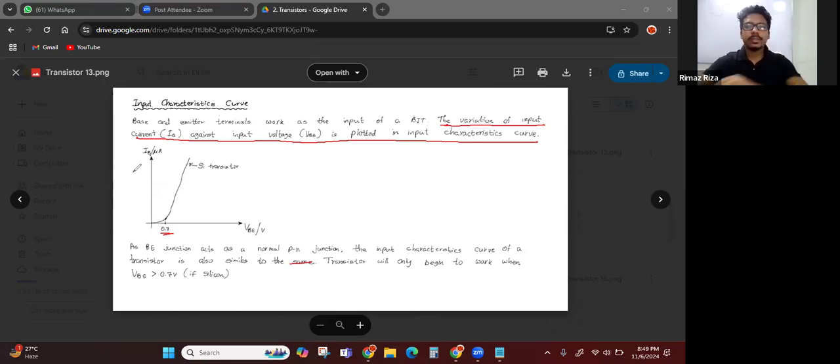So in transistor input characteristic curve, there is nothing much to learn. It's very similar to what you have studied in PN junction, because it's basically a PN junction, right? If you consider an NPN transistor, base is P type and emitter is N type, so it will be a PN junction.